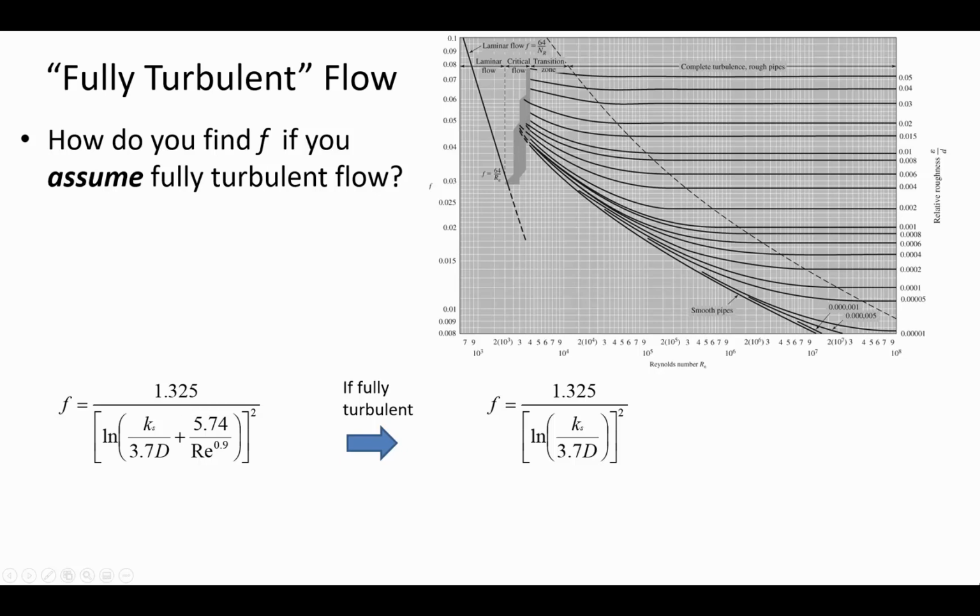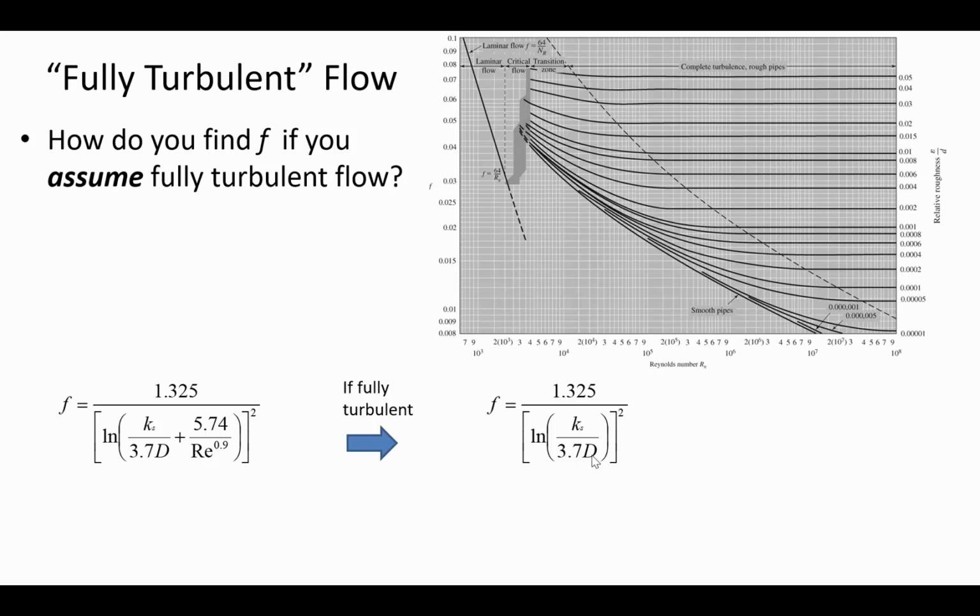Now, why would you make the fully turbulent flow assumption? Well, you'd make that assumption when you don't know what the velocity actually is, because Reynolds number depends on velocity. So the first time you're starting an iteration, if you don't know the velocity, then just as a reasonable starting point, you can invoke this assumption and estimate f first time around just by the relative roughness.